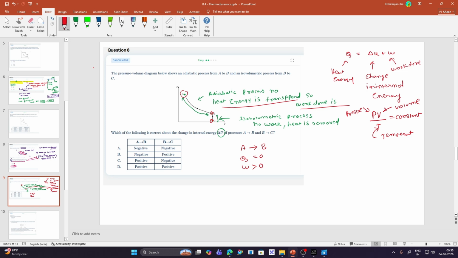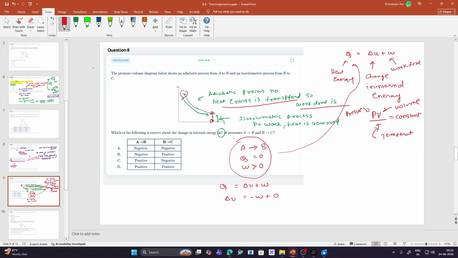So if we plug this data into our equation of heat energy, we can see that Q is equals to delta U plus W. So we know that Q is equals to 0. So we can write it as delta U is equals to minus W plus 0.